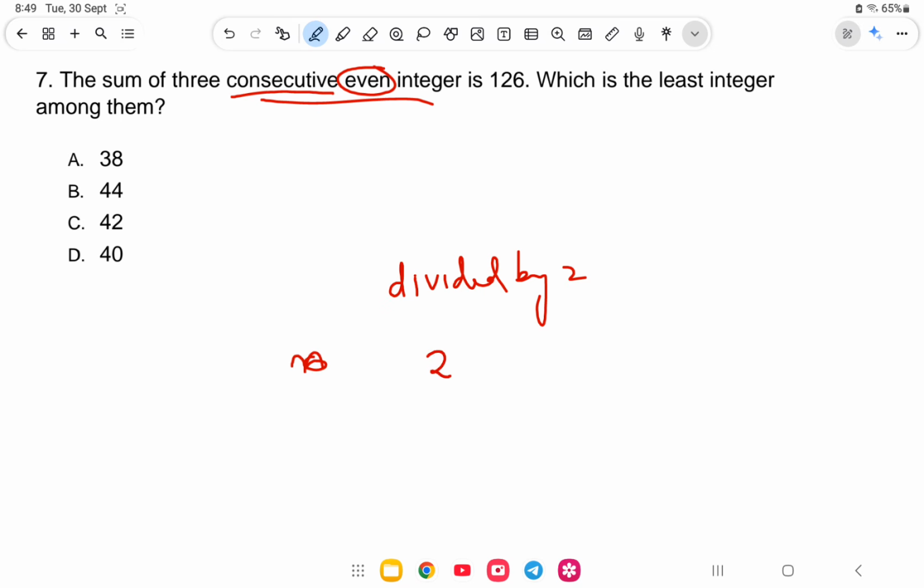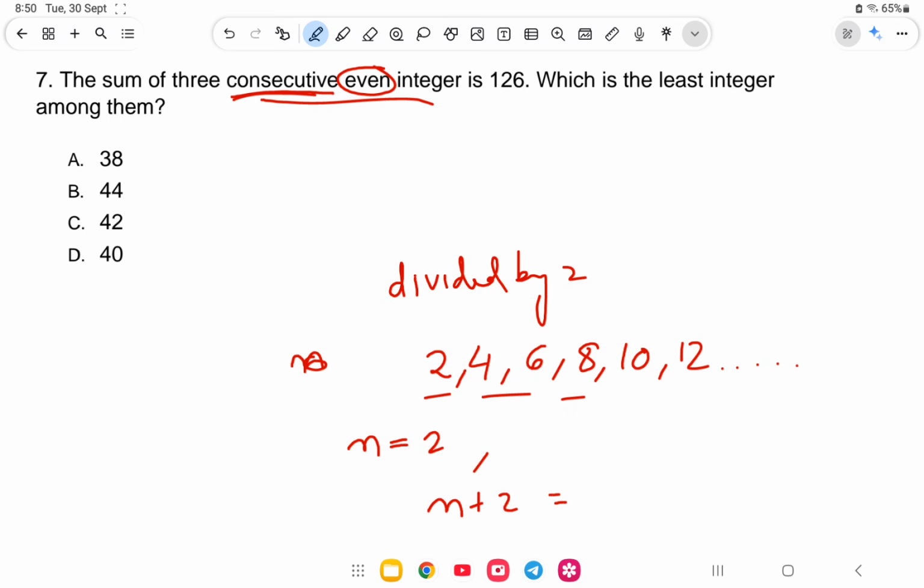Consecutive even integers, suppose 2, 4, 6, 8, 10, 12, all divisible by 2, are even integers. So consecutive means 2, 4, 6 and so on. If we use n as 2, then the next, 4, we write as n plus 2, that is 2 plus 2 is equal to 4.